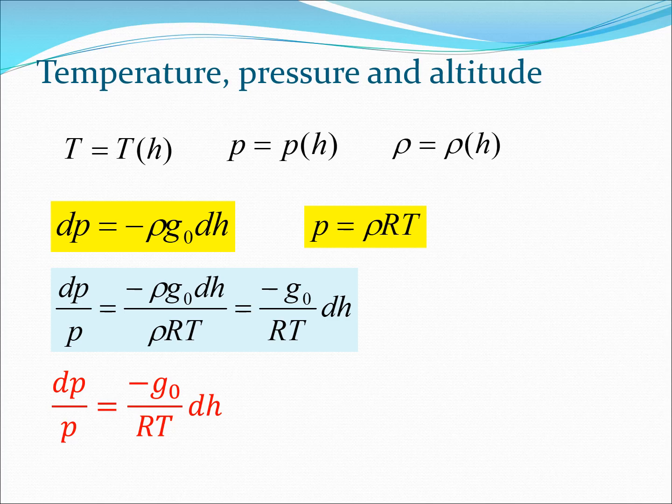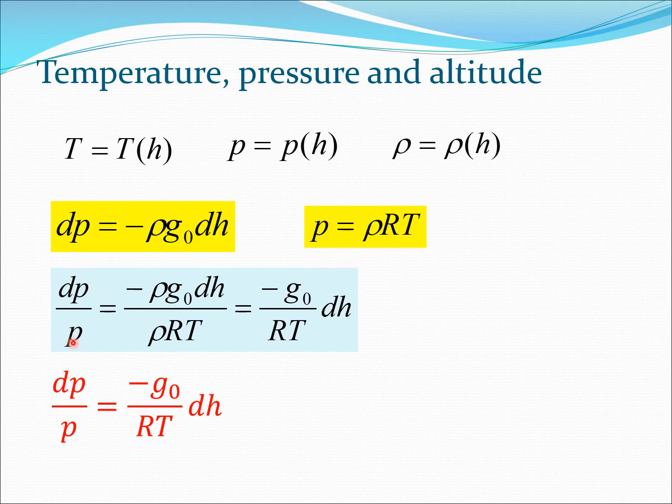So let us look at the equations we have seen before. We know that temperature is a function of height, pressure is a function of height, and density is a function of height. I also know the hydrostatic equation which we derived a long time ago, that is dP is minus rho g0 dH, and the equation of state, which is P is rho RT. Now I can divide these two equations.